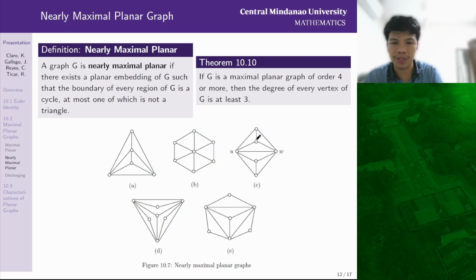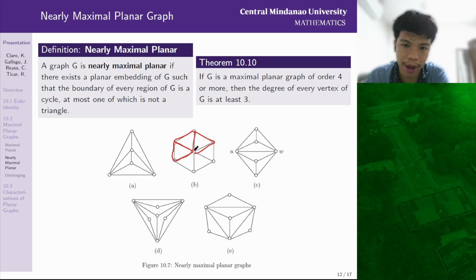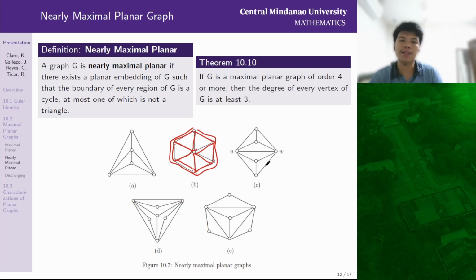Based on these regions, ato mga cycles nga ma-form, which are these, no? Mga boundaries ato mga regions, and also the outer one, which is kani siya. So notice that every cycle, except sa atong outer cycle, no, is not a triangle. So tanan man sila triangle, but one of which is not a triangle. So walay duha nga dili triangle dira, at most one ra gyud, which is kaning outer.